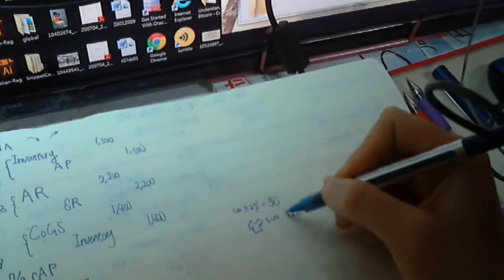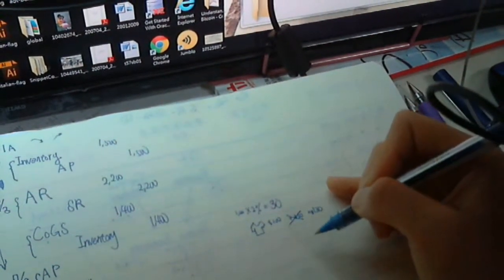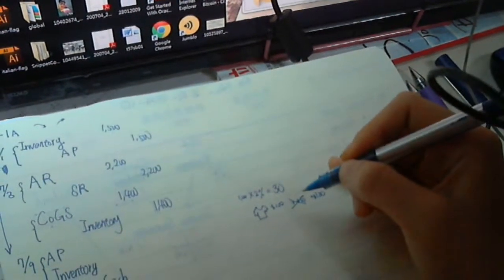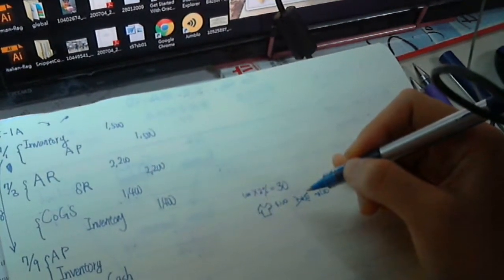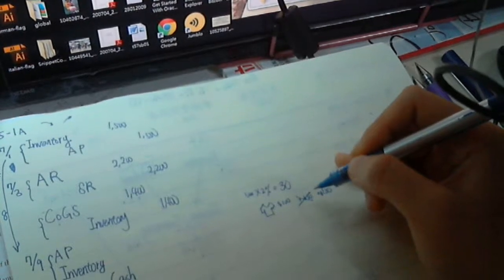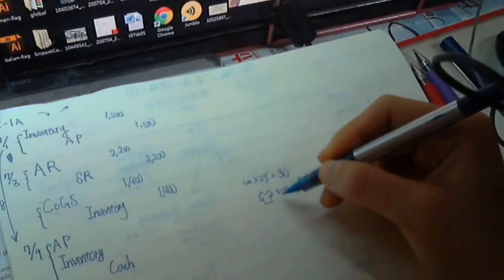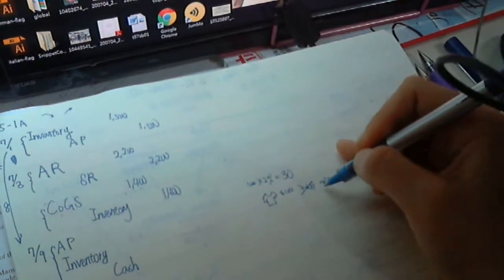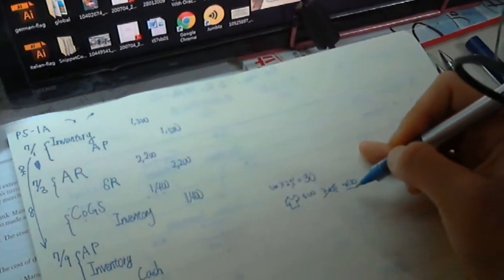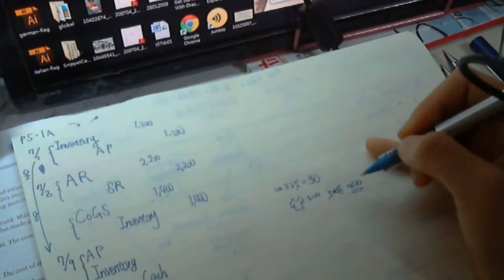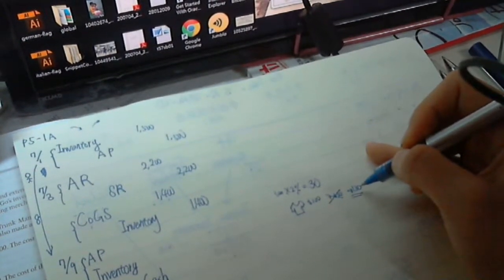But now it says we don't need to pay this transfer fee because we are using FOB destination. Okay, so now the clothes actually only are worth 100, but we were recording it as 130.